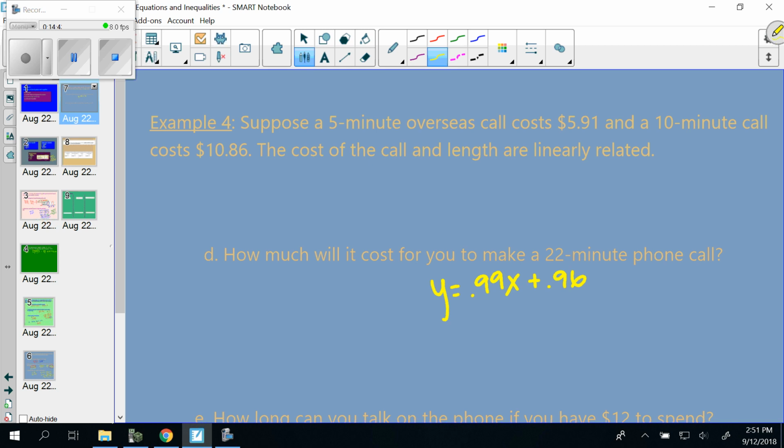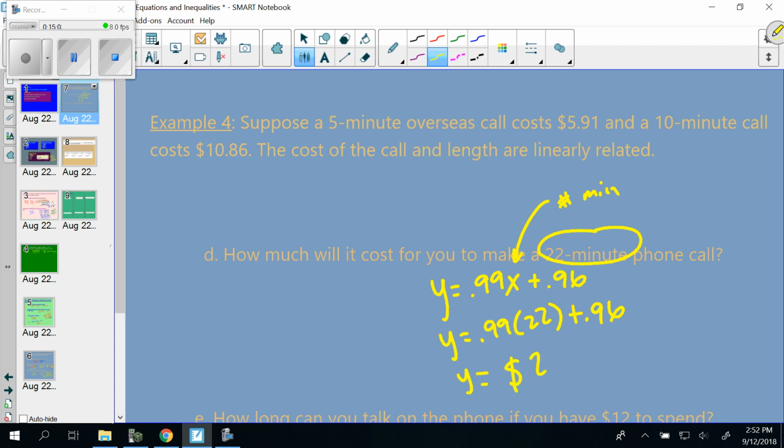Remember, our x is our independent variable, which is the number of minutes. So if we know that it's a 22-minute phone call, all you got to do is substitute in 22 for x, and you can figure that out. And if you use your calculator, should be pretty easy. It comes out to be that it's going to cost $22.74.